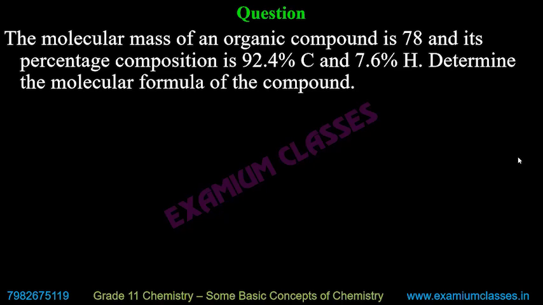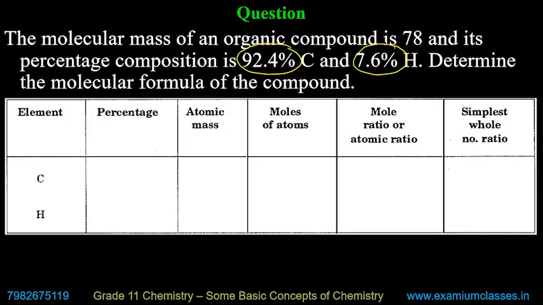The molecular mass of an organic compound is 78 and its percentage composition is this much. So here percentages are already given. You will draw the table like that, but the percentages of carbon and hydrogen are already given, so you will write those percentages, 92.4 and 7.6.